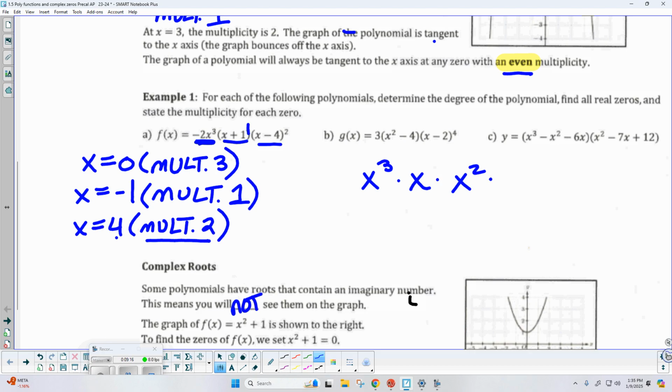This would be x to the 6th. So my degree is 6. Did anybody want me to multiply that out just to show you? Okay. Are there any questions?